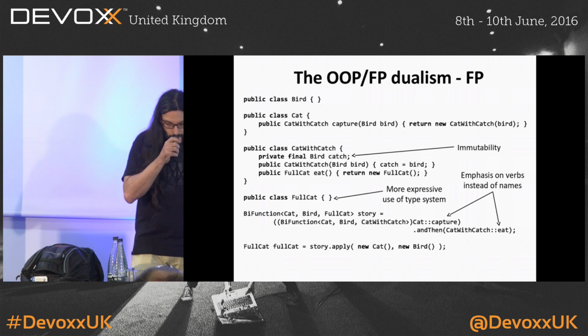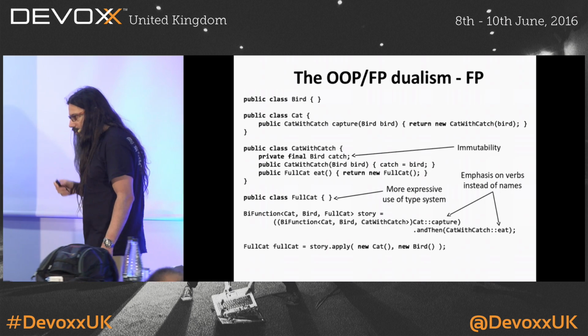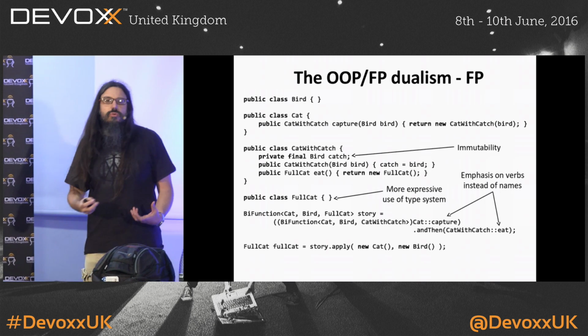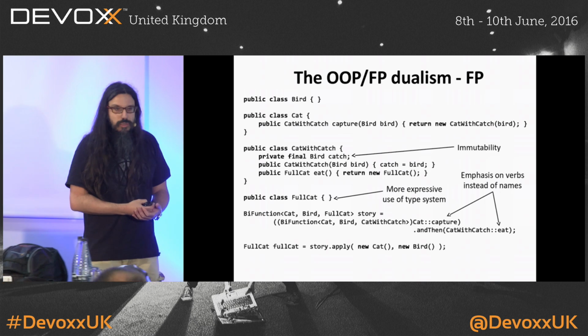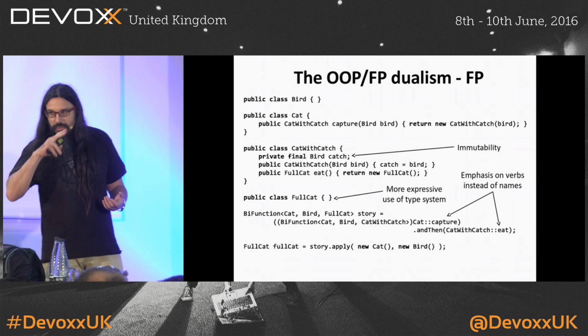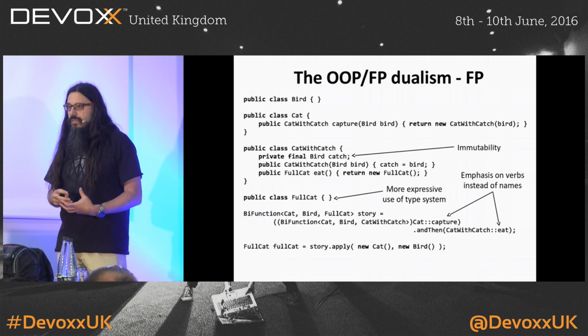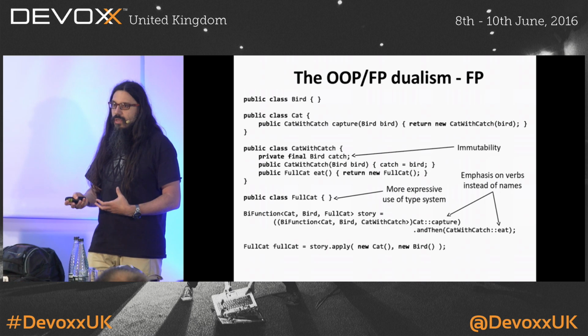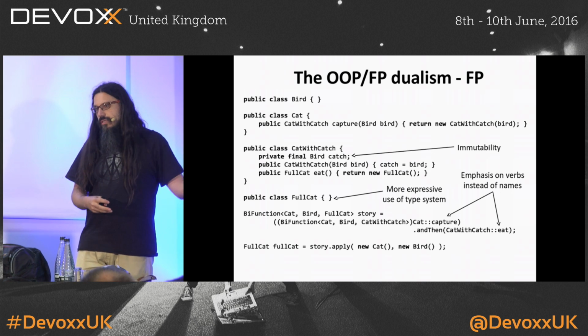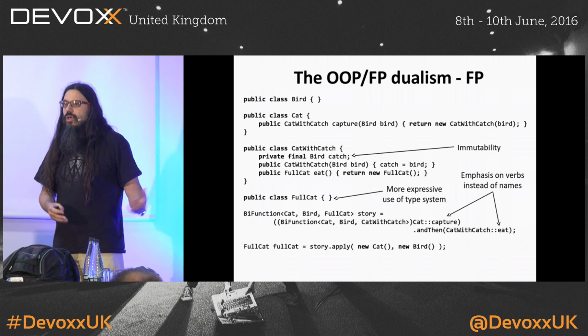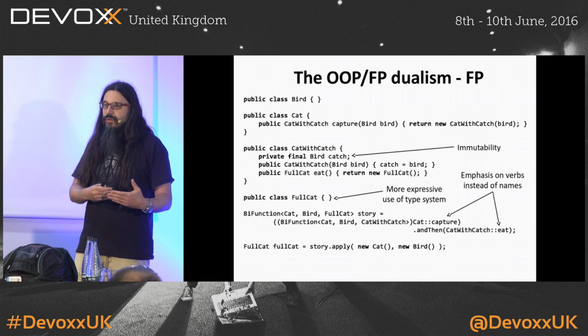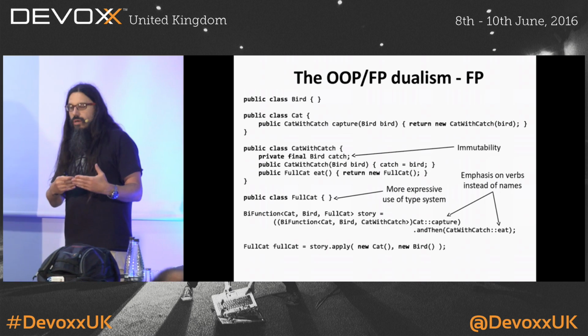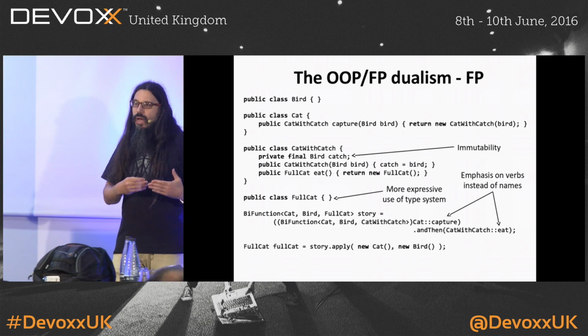The other thing to notice, which is quite common in functional programming, is that I'm making a more expressive use of the type system. As you can see, this version is more verbose because I had to create three different classes to model a cat.